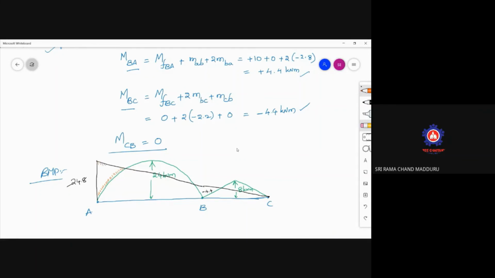The shear force diagram, you people can draw. So this is how our bending moment diagram is drawn.